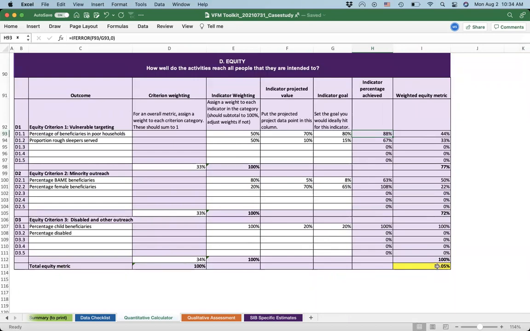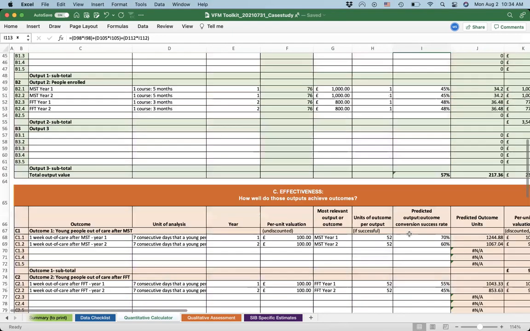And it will output, based on the weightings that you put in of how important you think each factor is, a weighted equity metric that's a percentage of essentially how close you are projected to be to your equity targets. And it will help you identify if you might want to reweight some things, or if you want to really target a certain type of beneficiary for your program, where you might need to change some things in order to really get that done.